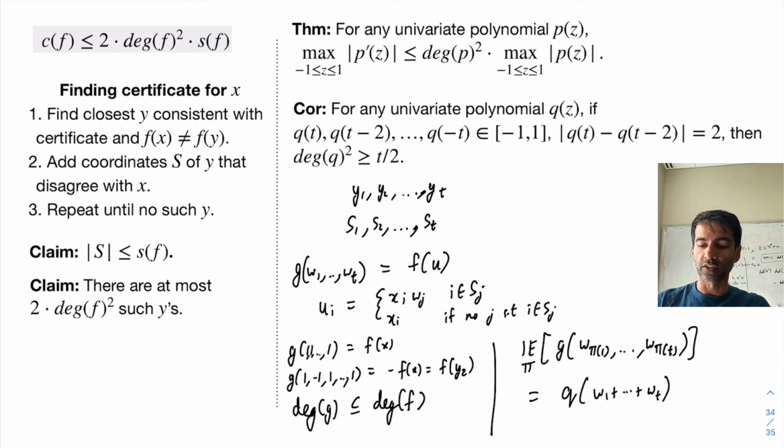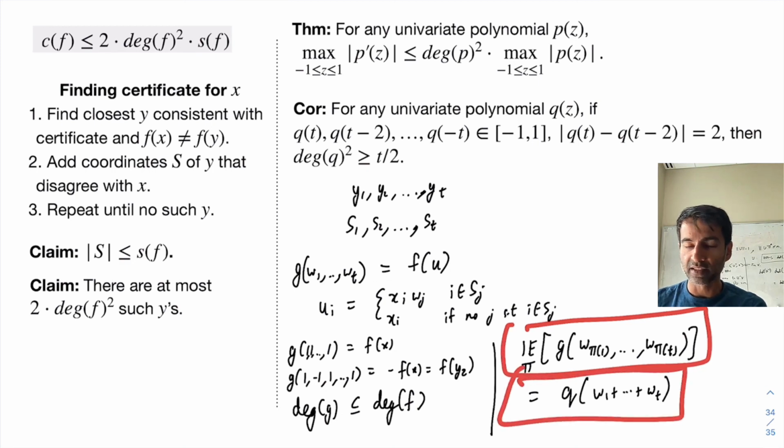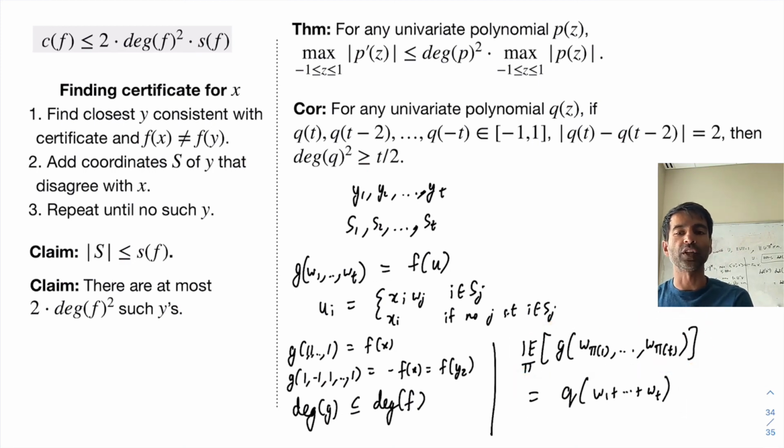So the difference between q of t and q of t minus 2 is exactly 2. It's the difference between 1 and -1. If you haven't seen before that every symmetric polynomial can be expressed like this, you can prove it by yourself, by induction on the degree. It's not too hard. It's a standard fact about symmetric polynomials.